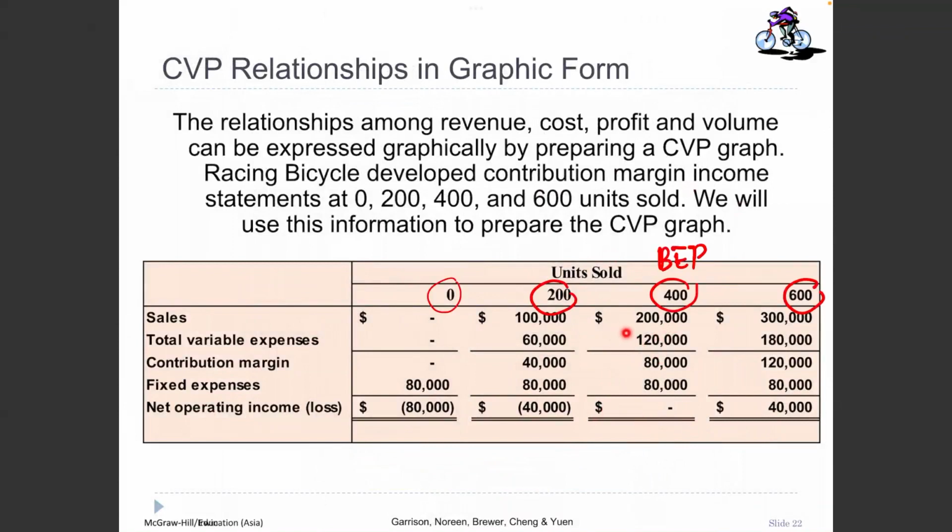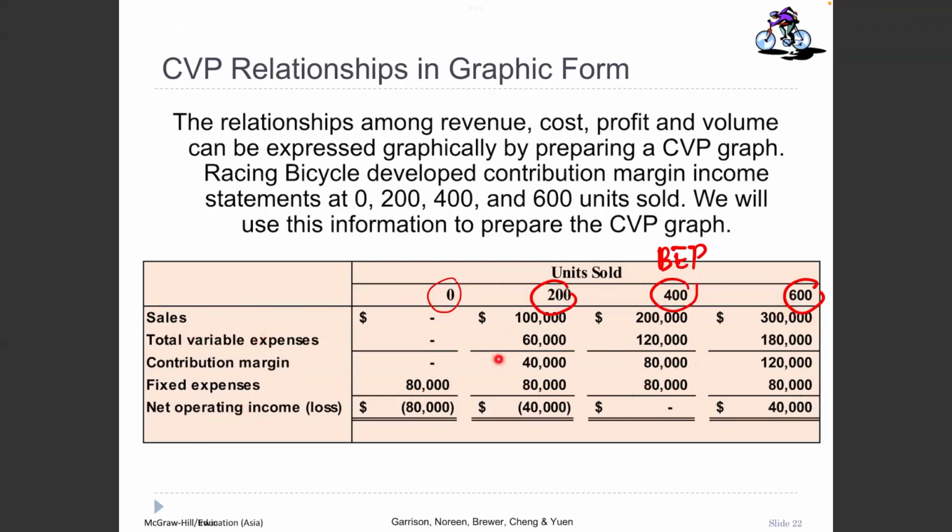You will see the sales is 200, total variable expense is 120, contribution margin is 80, fixed expense is 80. All the fixed expenses remain constant even though the sales volume differs. The fixed expense remains constant whether you are selling 0 or 600 units.